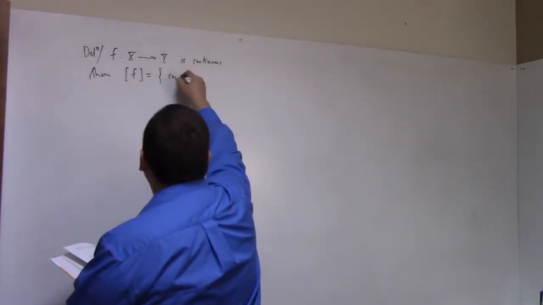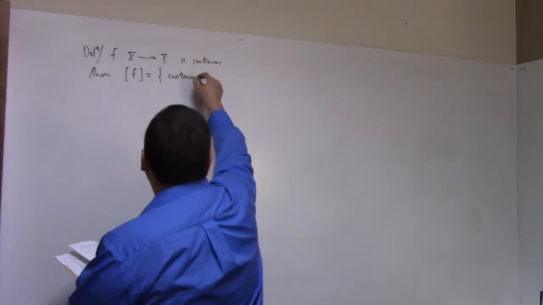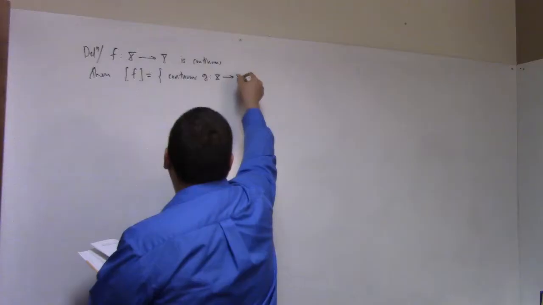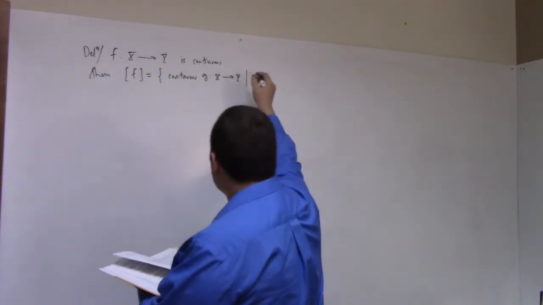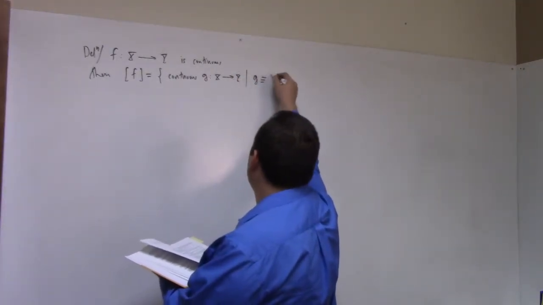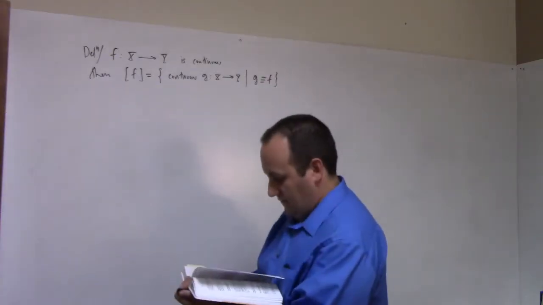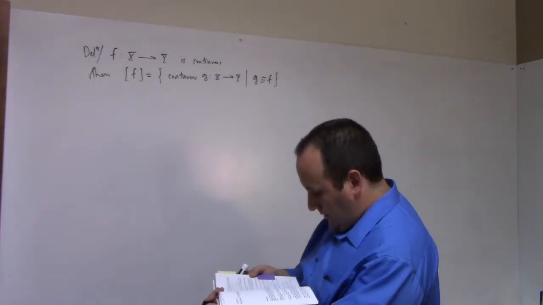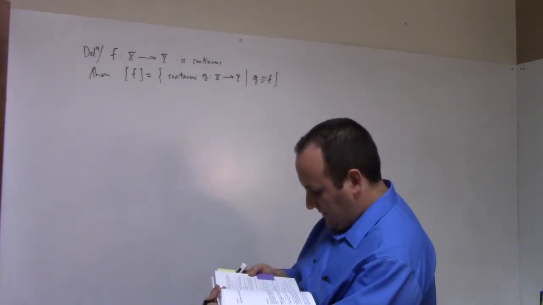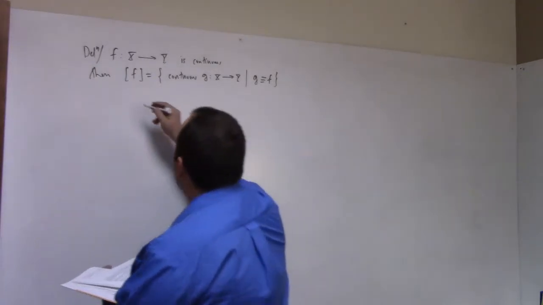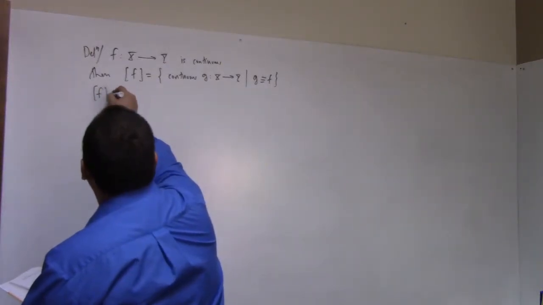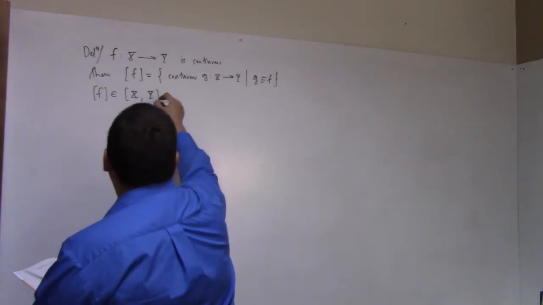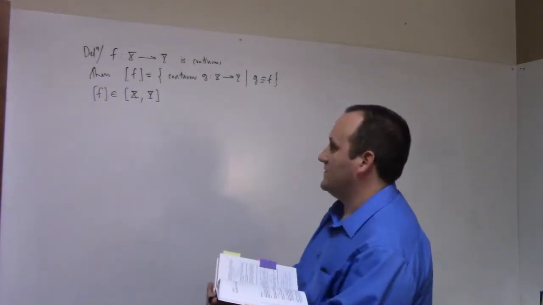And what that is, it's all continuous g from X to Y such that g is homotopic to f. So the family of all such homotopy classes is denoted, in other words, this guy is an element of this guy. Okay, so all homotopy classes.